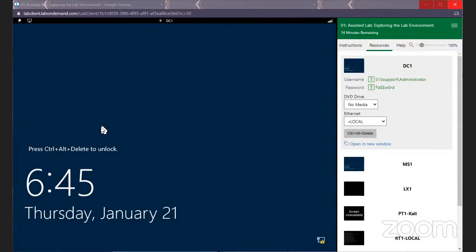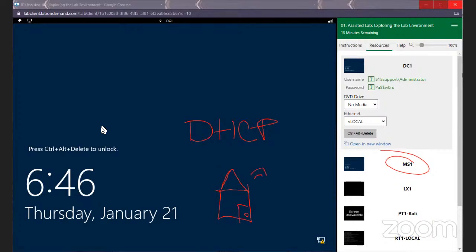Now, DHCP, the one on MS1, the DHCP service. All right, DHCP. Now, just imagine, let's go back home. Just draw this nice little house. You're at home. You have your Wi-Fi. I don't know your password, but this is your Wi-Fi signal.